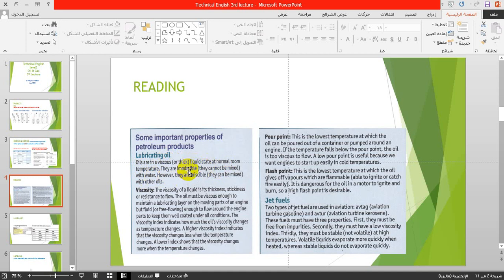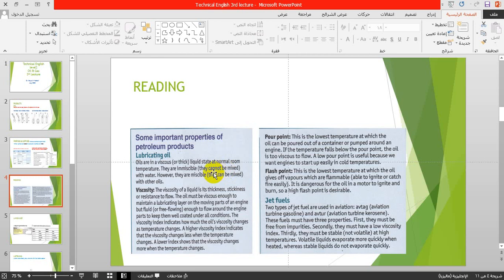And matter, I think the state has 3 conditions, 3 states. Matter has 3 states: liquid, gases, and solid. Now they are immiscible. The meaning of immiscible is explained between the 2 brackets. They cannot be mixed.